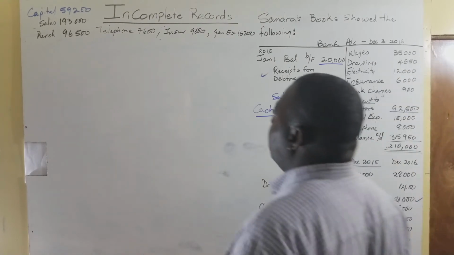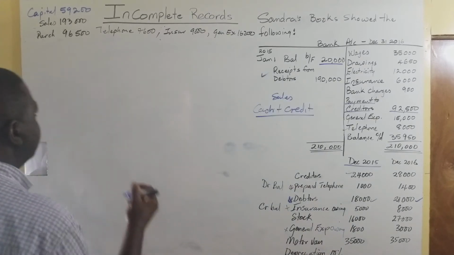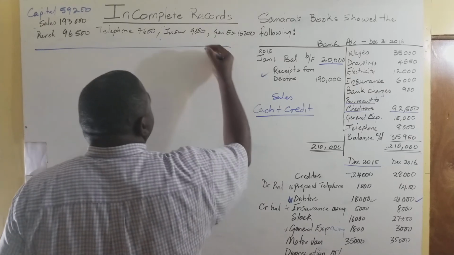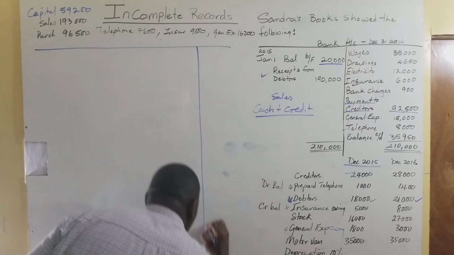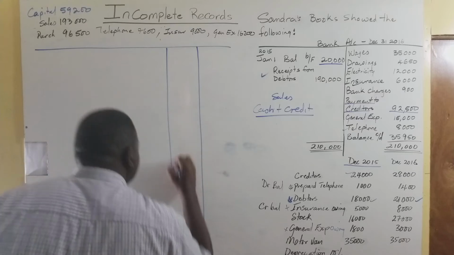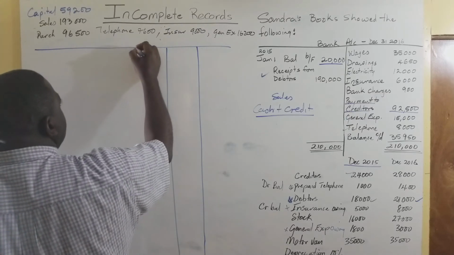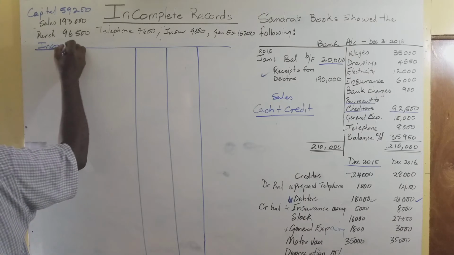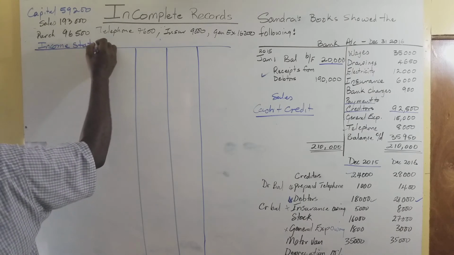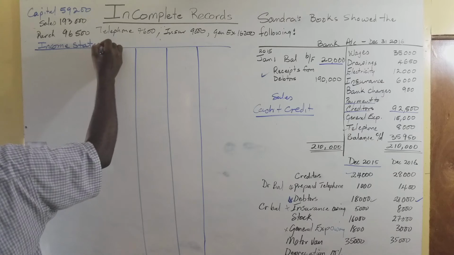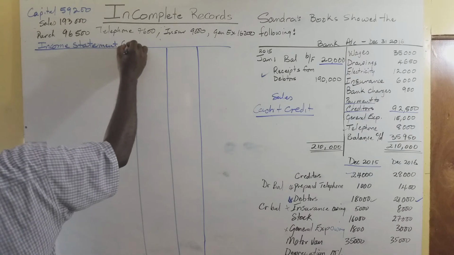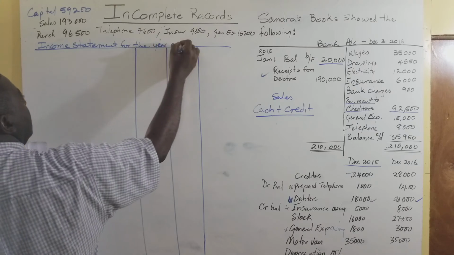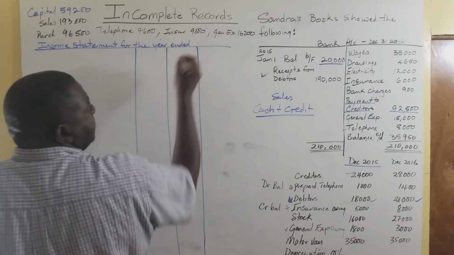All right, so now what we're going to be doing is the income statement. So we're going to prepare the income statement for the year ended, what's the time we got again?